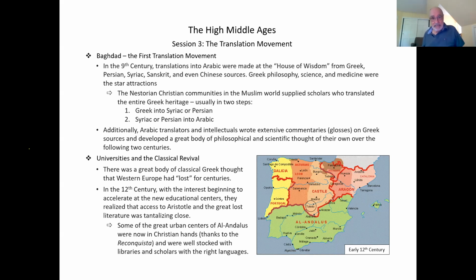When we go to Baghdad and the first translation movement, we can't understand the 12th century translations that were made in Spain unless we have a sense of the translations into Arabic that created the Arab libraries that were going to be translated later on.